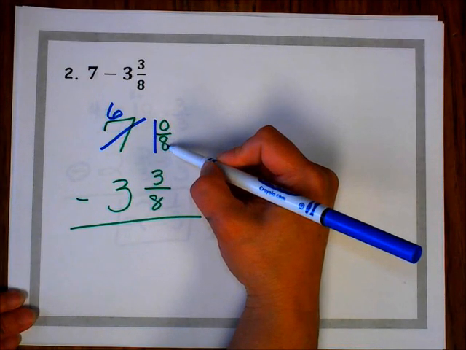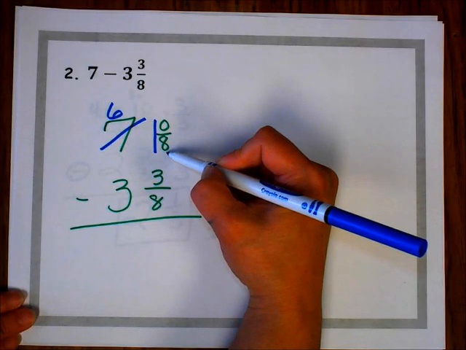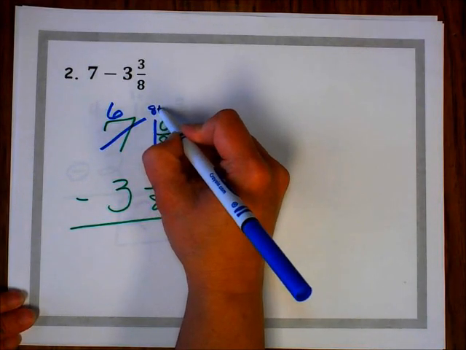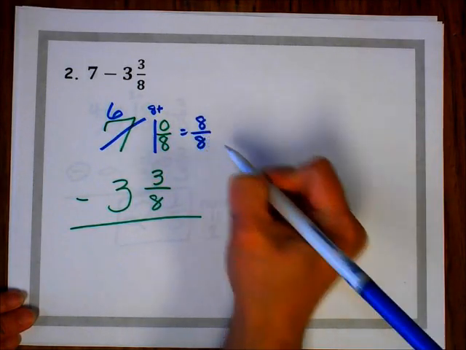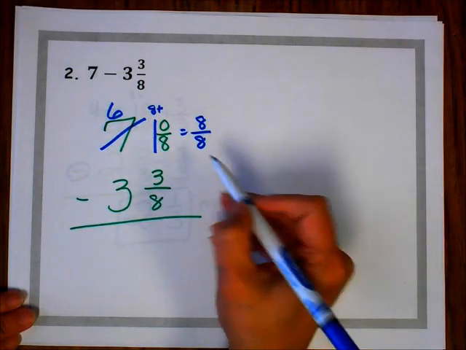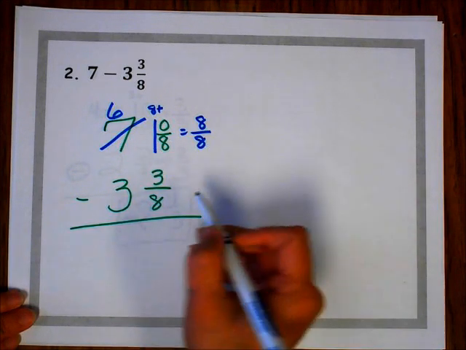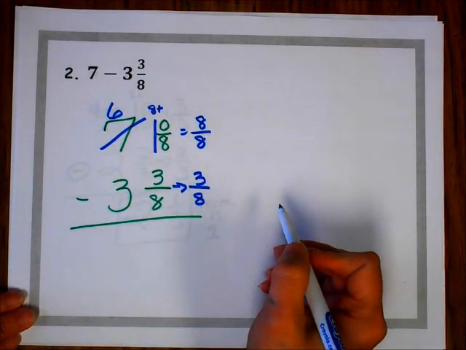It's not usable as a mixed number, so I'm going to change it into an improper fraction so that it will be useful to me. So 8 times 1 is 8. 8 plus 0 is 8. And the denominator stays the same. So 1 0/8 is equal to 8/8. I'm going to slide my 3/8 over.